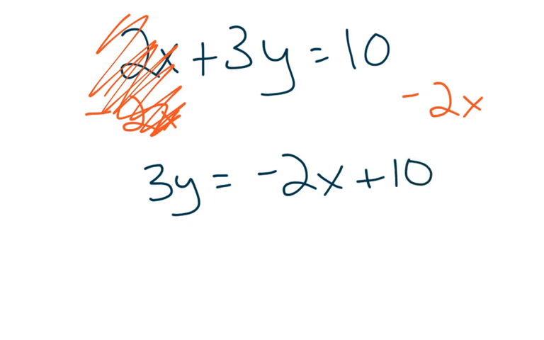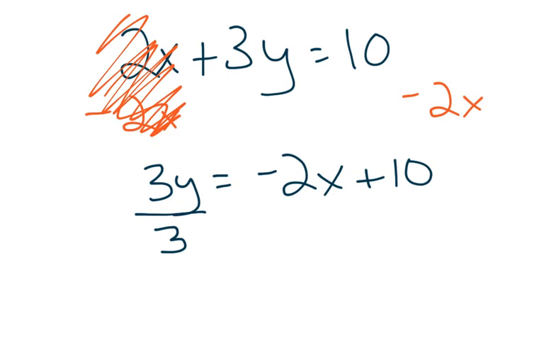Okay, so this is where we are now. But we are not done yet because y is not by itself. That 3 needs to go away. That 3 is being multiplied, so what we're going to do is we're going to divide it by 3. But what you do to one side, you have to do to the other.